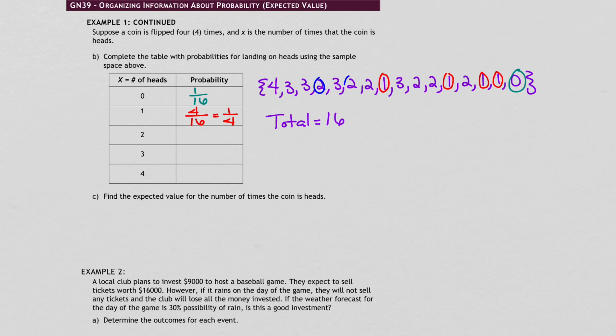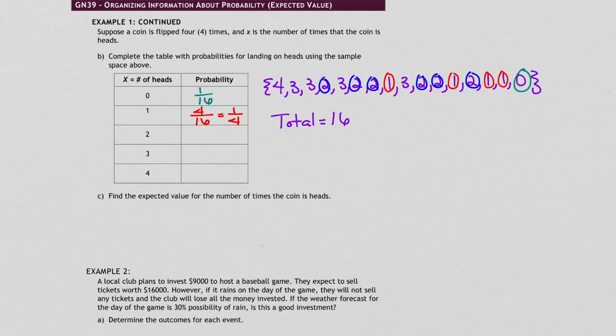So there's 1, 2, 3, 4, 5, 6. 6 out of 16, or 3/8. Then there's 3. So 1, 2, 3, 4. 4 out of 16, or 1/4. And how many times did we get 4? Once. So 1 in 16.